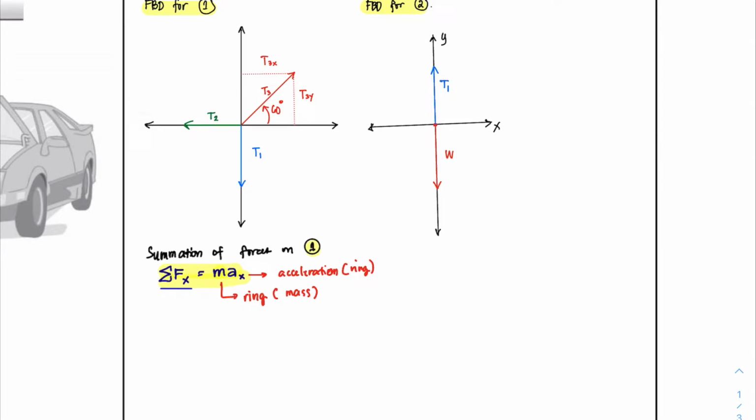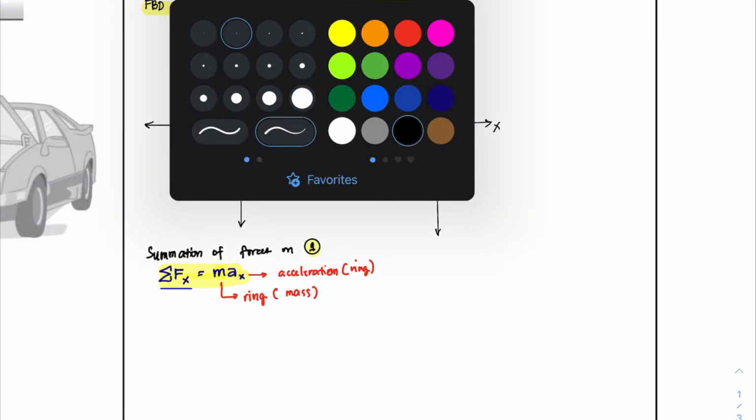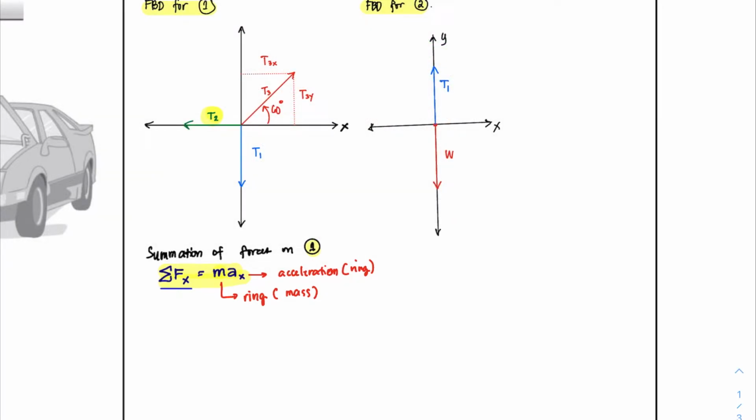For all the forces on x, you simply look at the forces found on your x component, or on your x-axis. The first force is T2, since that is on your x. By the way, it should have x over here. You define this as your x-axis, and this is your y-axis. So T2 being the first one over there, and since it's directed towards the left, you have negative T2.